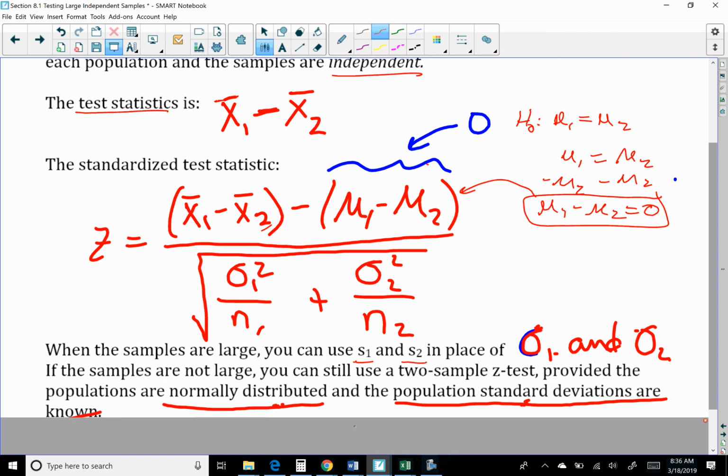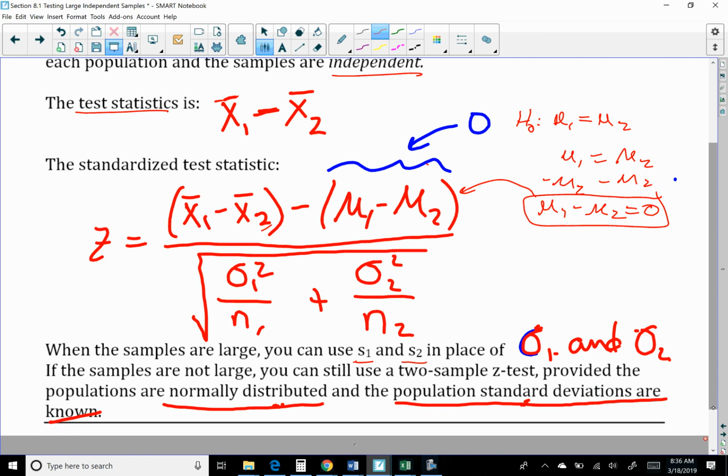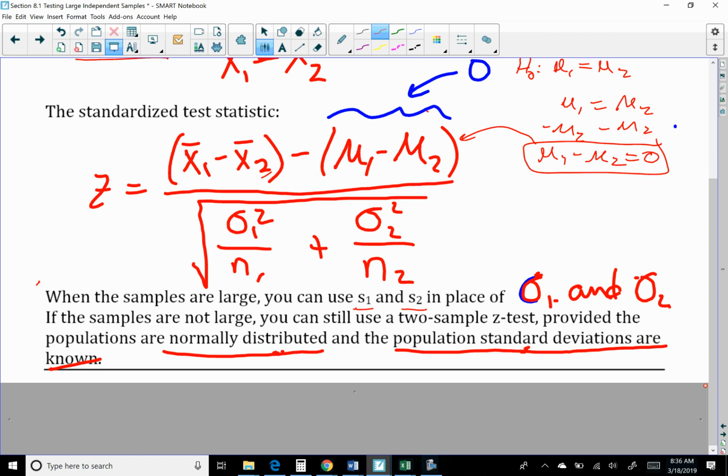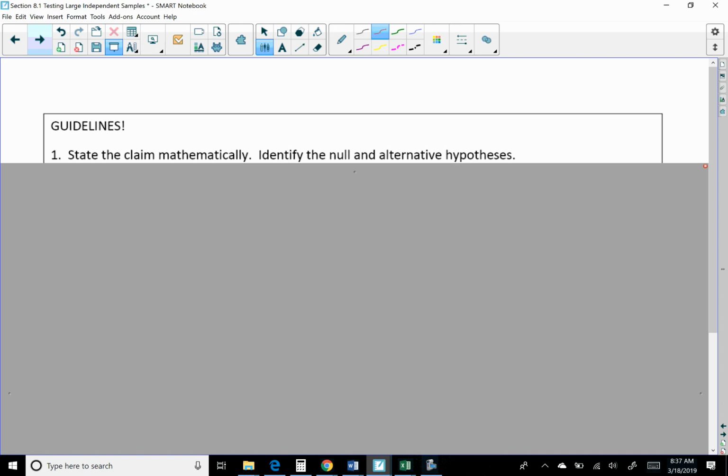If the samples are not large, you can still use a two-sample z-test provided the populations are normally distributed and the population standard deviations are known, okay? So we have to be kind of aware of this situation. We can use S1 and S2 as long as the sample sizes are large, and if the sample sizes aren't large, we need to make sure that our populations are normally distributed and we know what their standard deviations are.